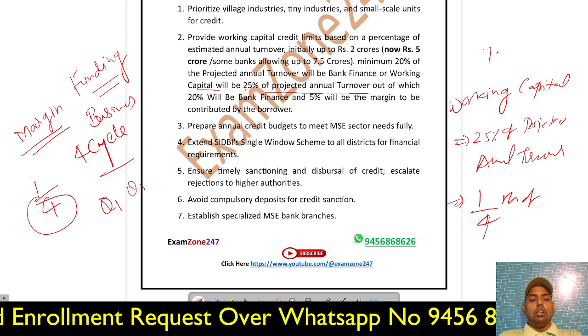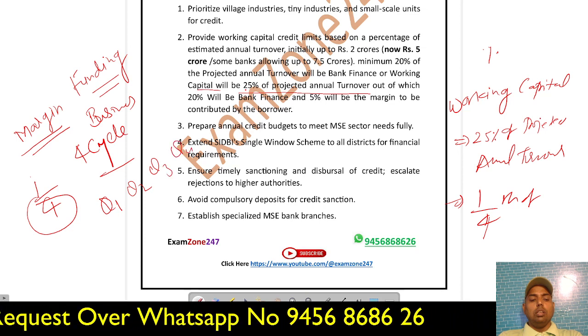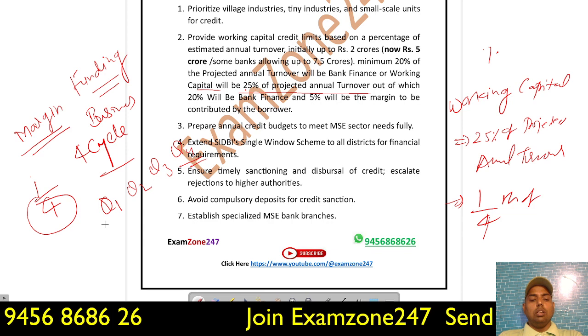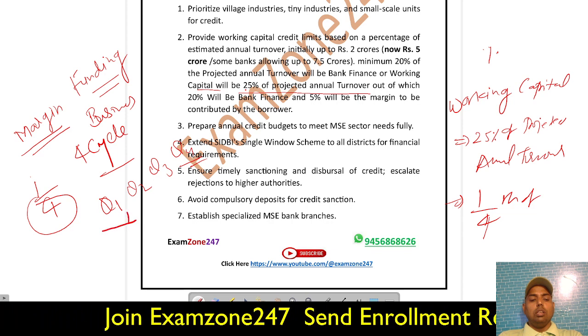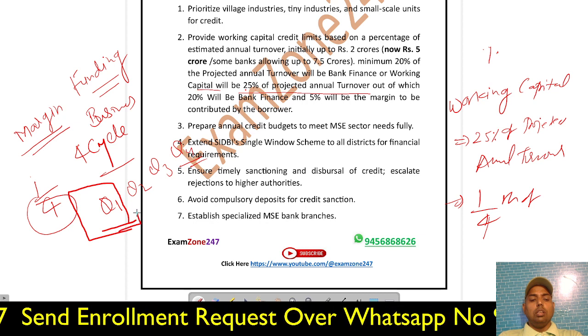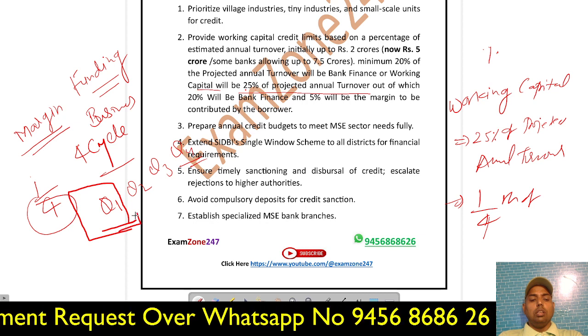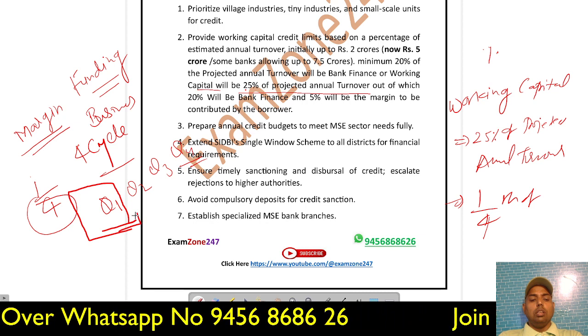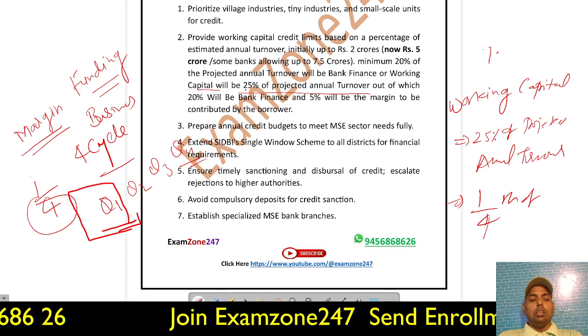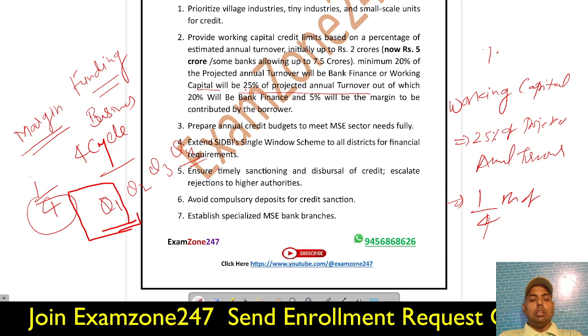Quarter 1, quarter 2, quarter 3 and quarter 4 is the final. What does this method say? This method says that you finance for any of this quarter, say Q1. Then it will be roughly 1 by 4, out of which 5% of the amount is to be shared by the owner.